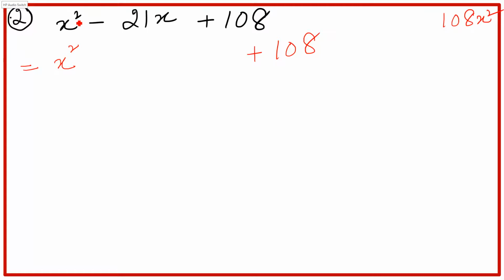See here, you have to multiply these, or simply whatever I have written here and here, multiply it, 108x square. So now I have to write down the center two terms in such a way that when I add those two terms, it should be equal to negative 21x, and when I multiply those terms, it should be 108x square.